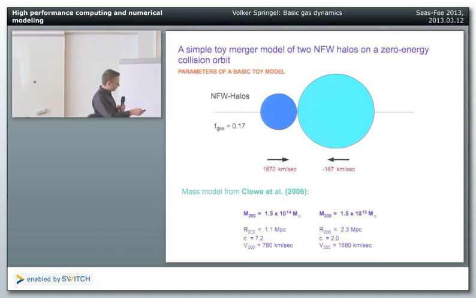So in a little toy experiment we give them the sizes and masses that you expect according to cosmological simulations: an NFW dark matter halo, with the gas placed in hydrostatic equilibrium into these halos at the cosmic abundance. Then you can let these two things fall together from infinity, with a zero energy orbit, and see what happens.